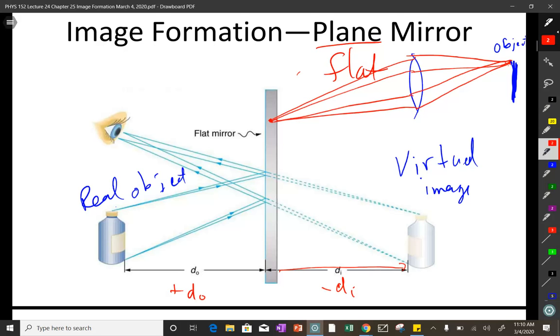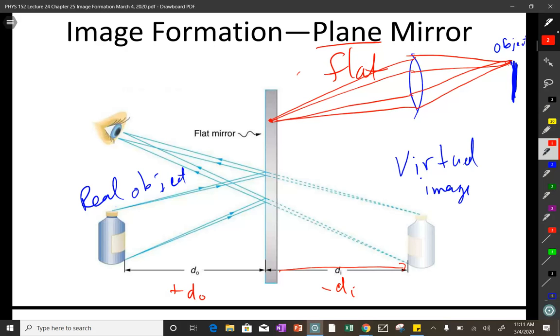But the real key that makes it so you can figure it out is the light always stays on the object side of a mirror. The light doesn't go through the mirror. So if the image is formed on the side that the light is, it's going to be a positive image distance. If the image is formed on the side where the light is not, that is, if it's a virtual image, that's a negative image distance.